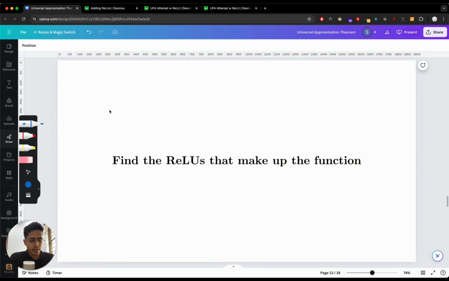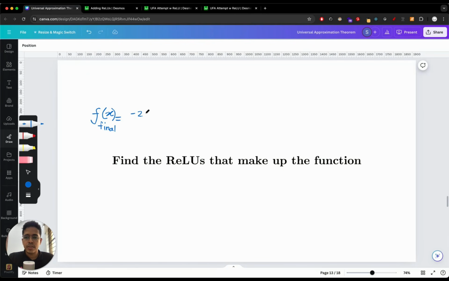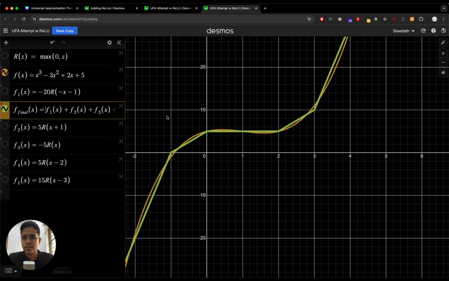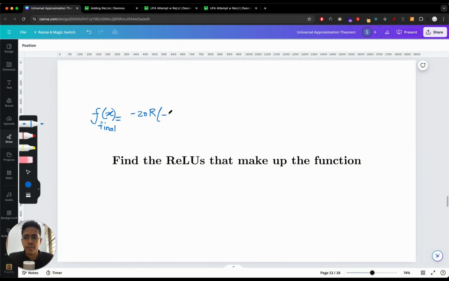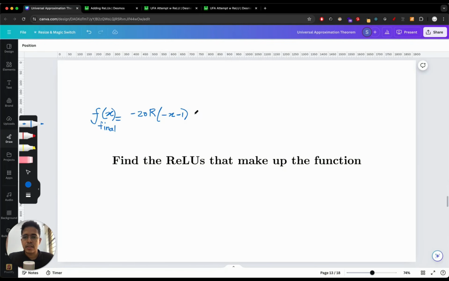So f final, which is a function of x, is equal to f1, which is minus 20 times ReLU. I'll just denote it by r, just to save some space. R of minus x minus 1. Then plus 5 times ReLU of x plus 1.